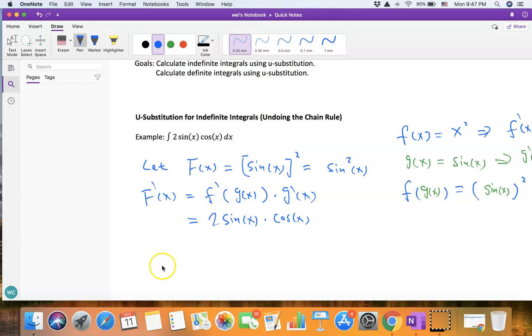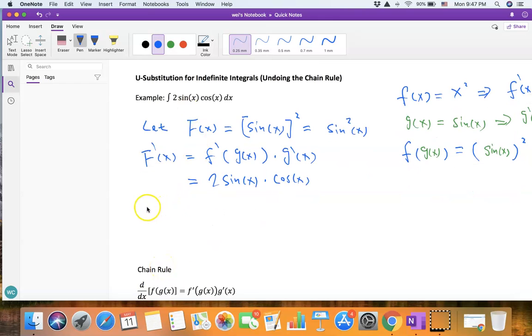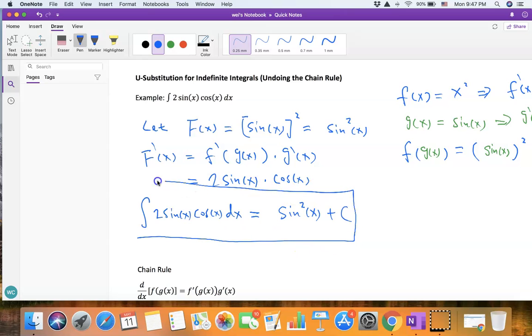Therefore, because it's an antiderivative of the function 2 sine x cosine x, this indefinite integral equals sine squared x plus c.